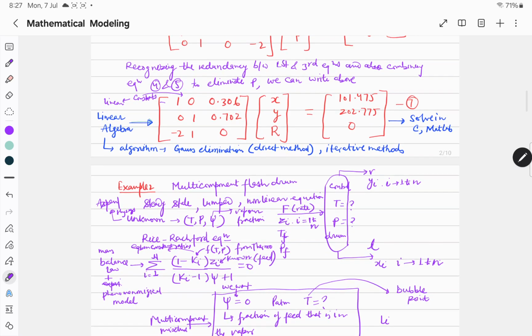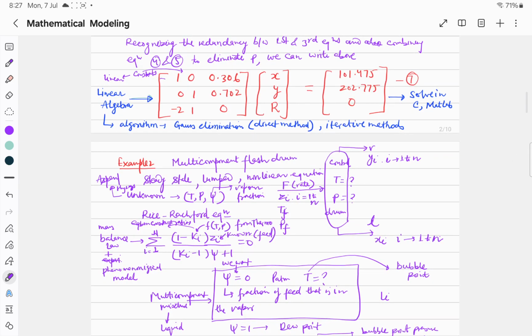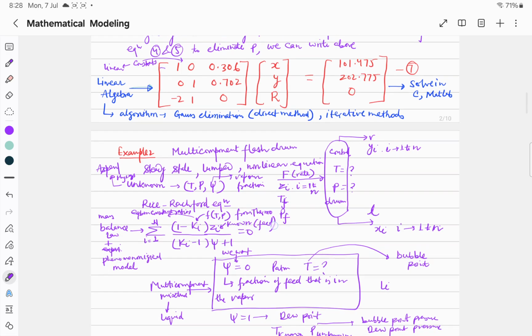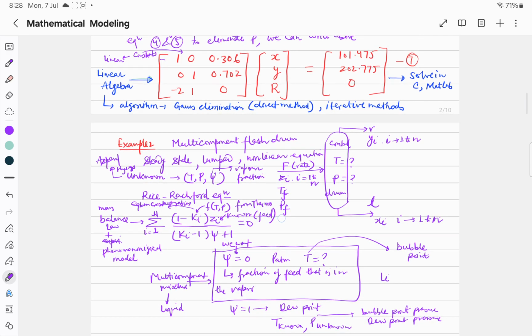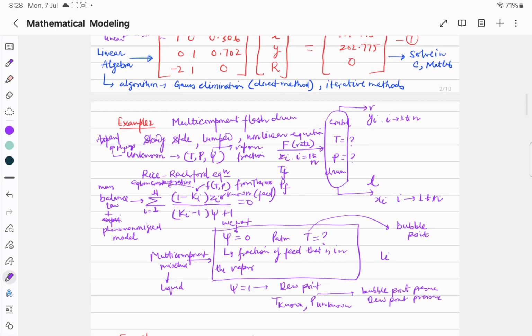So, direct methods and iterative methods. Whether you solve an ordinary differential equation or a partial differential equation, you will ultimately end up with simultaneous linear equations. Even with non-linear equations, you will linearize them and get simultaneous linear equations, and you will have to solve them. So you have to develop the algorithm for how to solve these simultaneous linear equations. It means linear algebra is important for mathematical modeling.